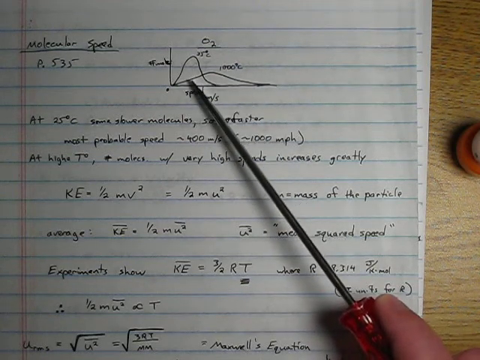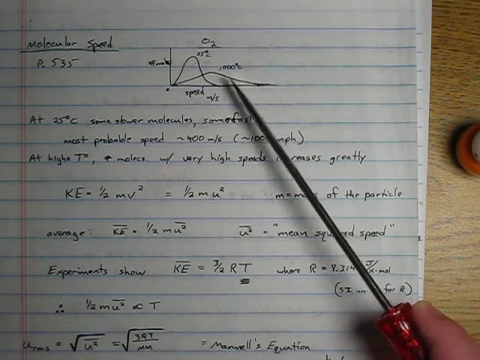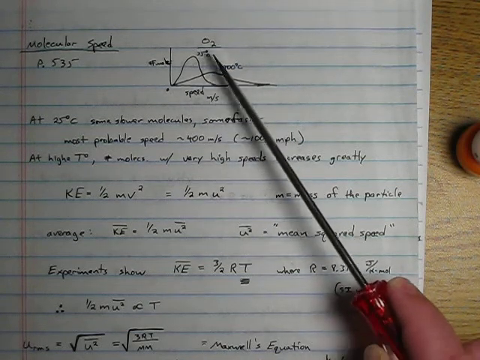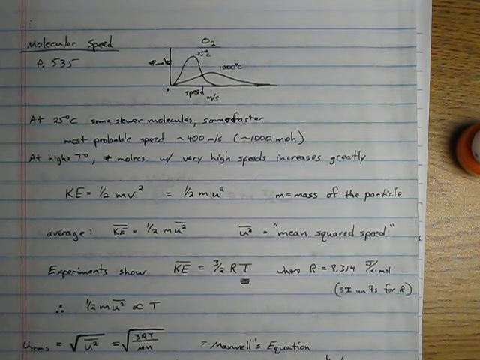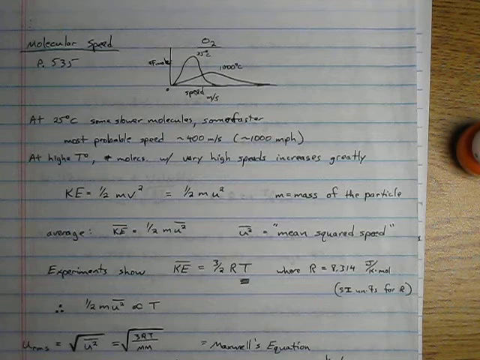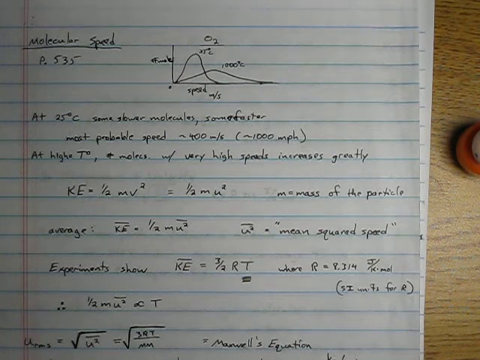You have a lot of molecules moving very slowly and a lot moving very quickly, but the speed averages out to give us a kinetic energy corresponding to 1000 degrees Celsius. So when we go through the math here, we're always looking at the average speed of the molecules, not the speed of any individual molecule, because it might be going super fast or super slow.